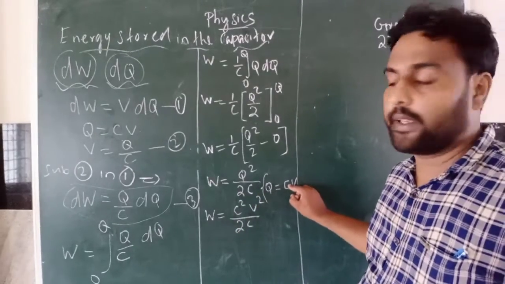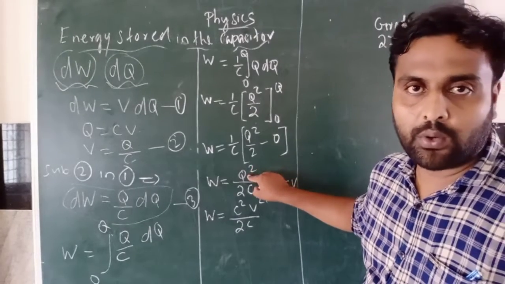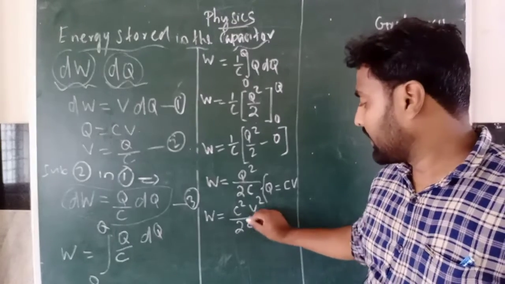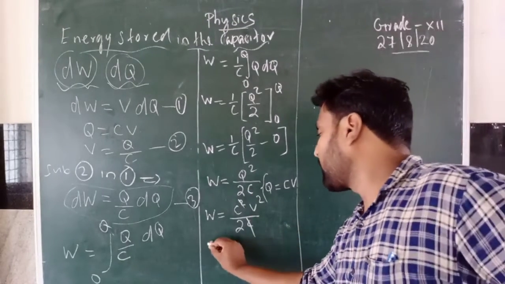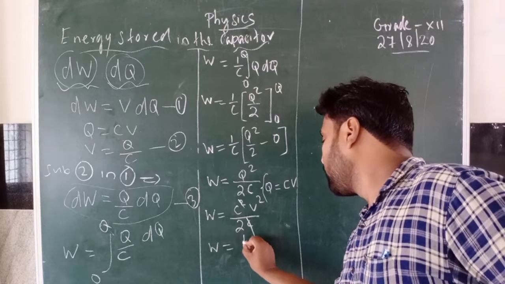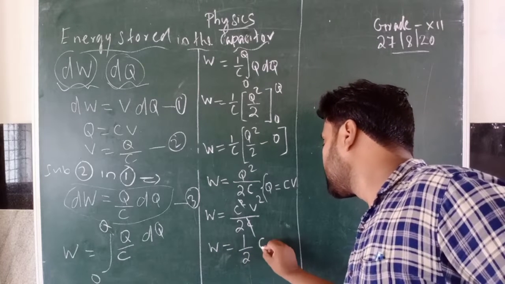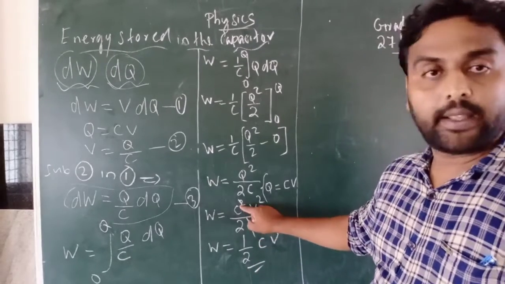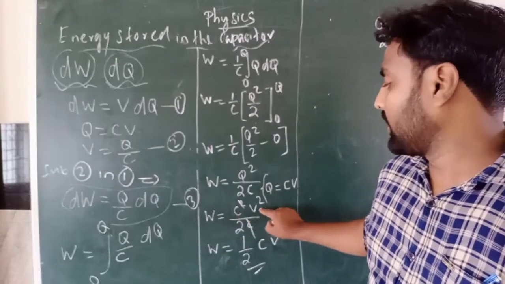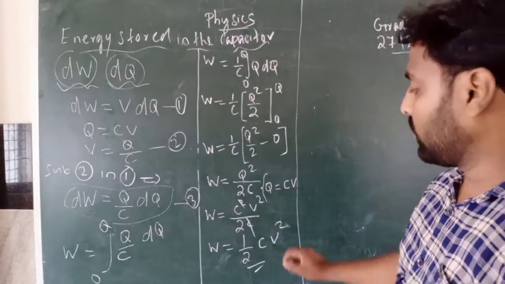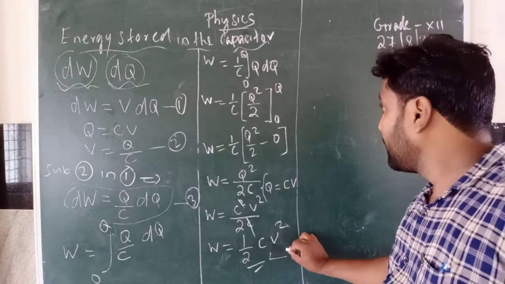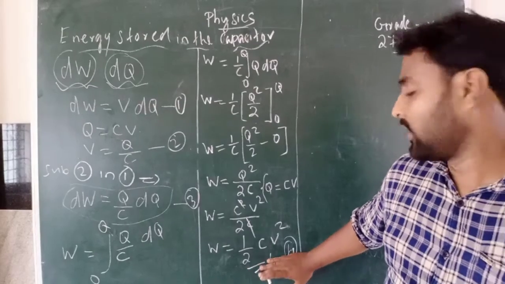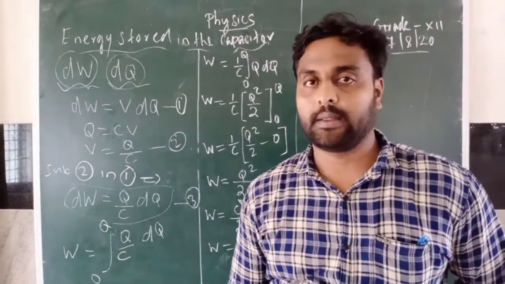So substitute this CV in terms of Q. Cancel C and C. So what will come? W equal to 1 by 2 CV square. So this is equation number 4. You can keep. This is the work done by the battery.